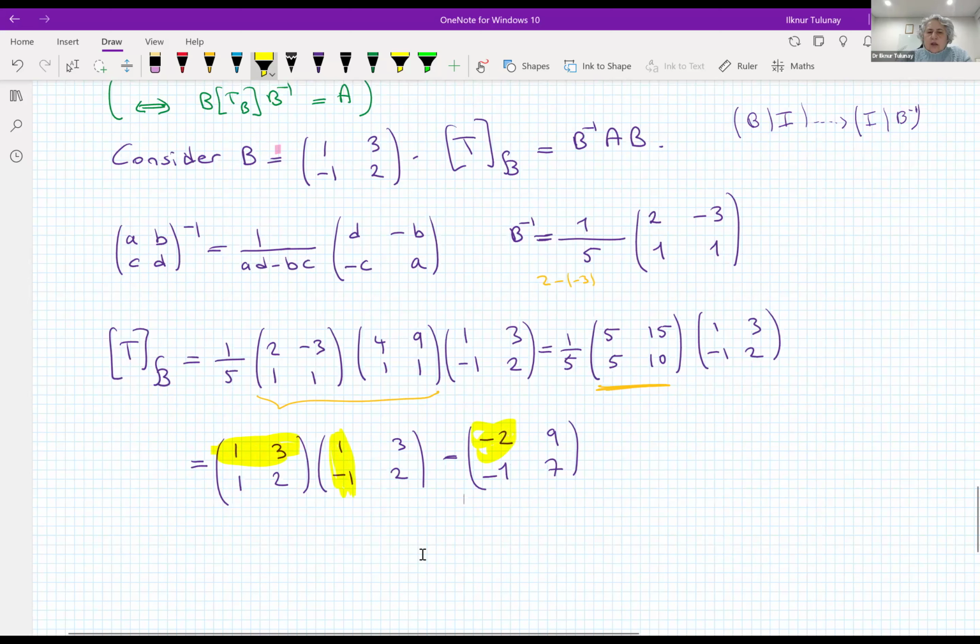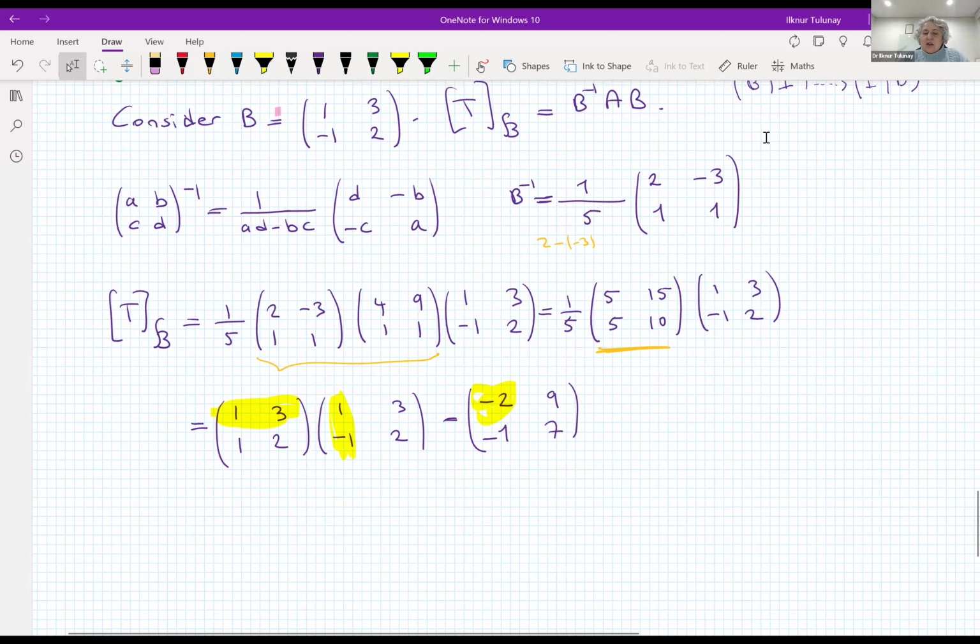Then this row with this column will give you this entry. This row with this column will give you this entry. I hope this is clear for everyone. So this matrix here is the matrix of the linear transformation with respect to the basis B. This is how we change the matrix form from the standard basis to a non-standard basis. That's all for this question, and thank you very much for listening.